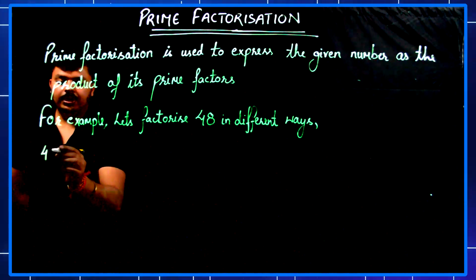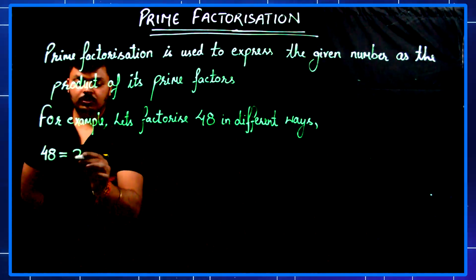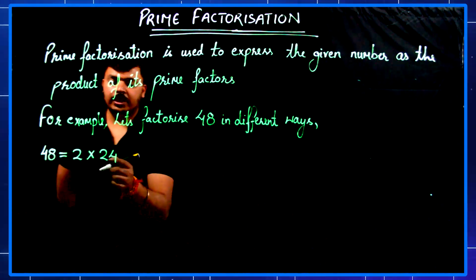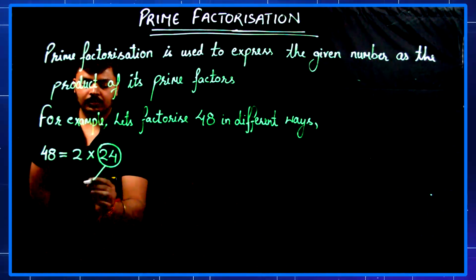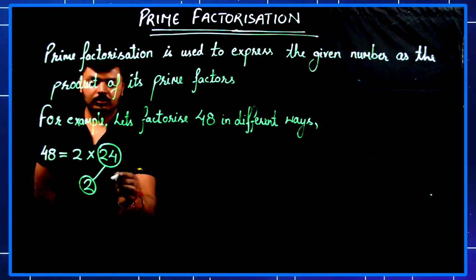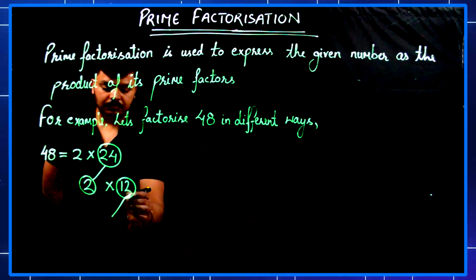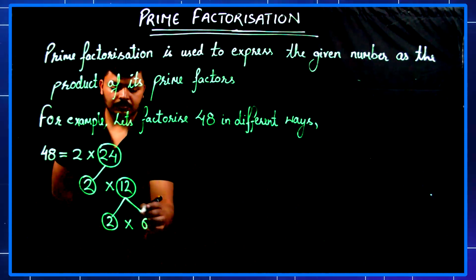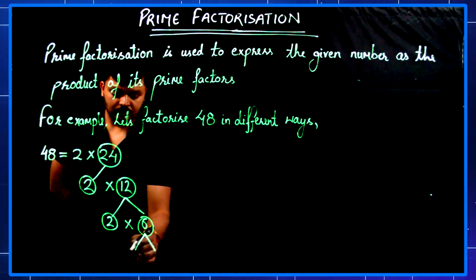So we can write 48 equals 2 into 24, that is the product of 2 and 24, and further we can split 24 as 2 into 12. Now again we can split 12 as 2 into 6, and 6 can further be split into 2 into 3.